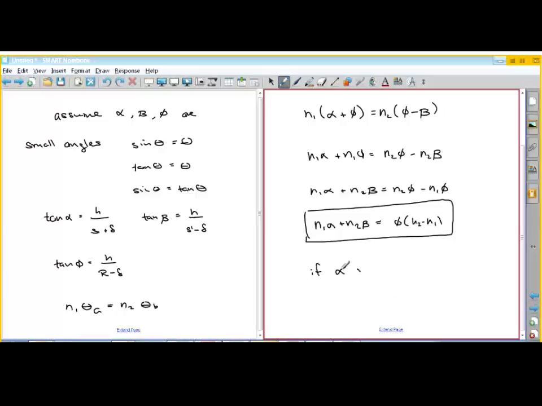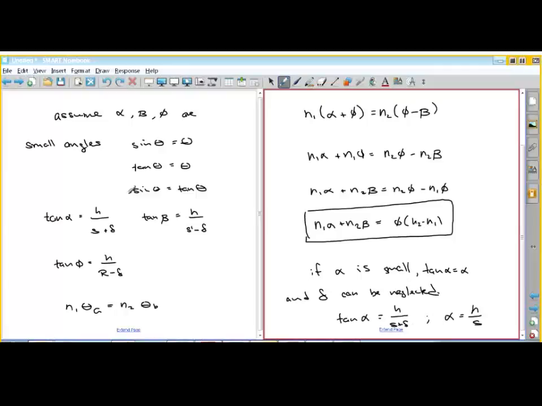Another thing we can do is approximate. The tangent of alpha, if alpha is small, then the tangent of alpha equals alpha, and delta can't be neglected. So the tangent of alpha equals h over s plus delta just becomes alpha, because the tangent of alpha equals alpha is equal to h over s.